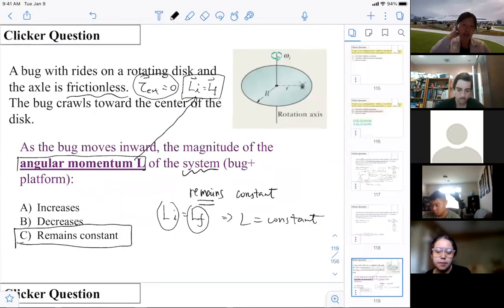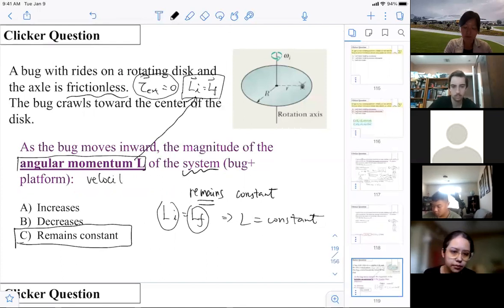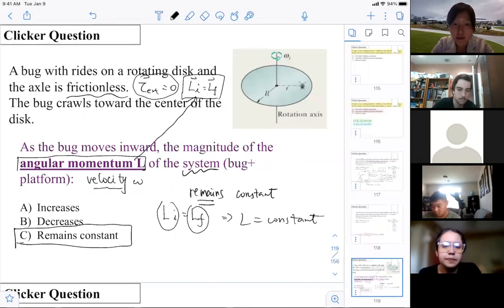All right, so what if I asked you the magnitude of the angular velocity? Wouldn't it increase? What do the rest of you think?